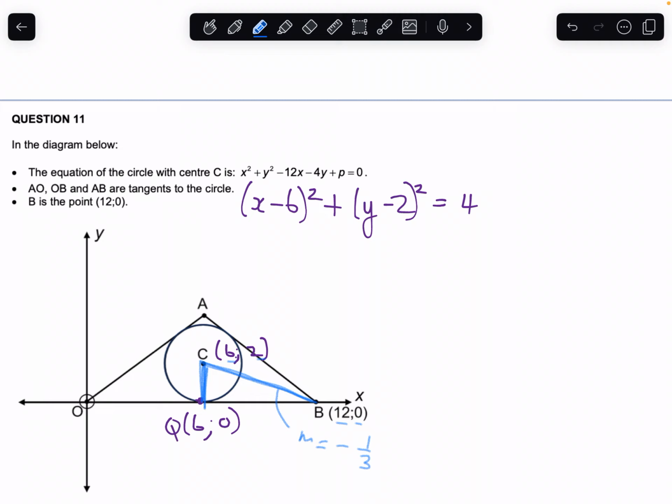Right. So the tangent of CBD, tan of CBD is a third. What? How do we get there?